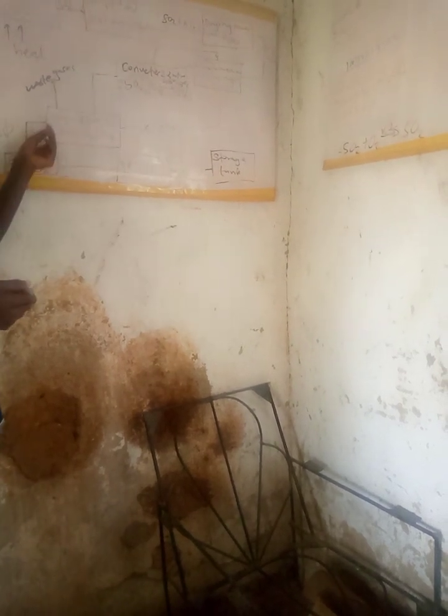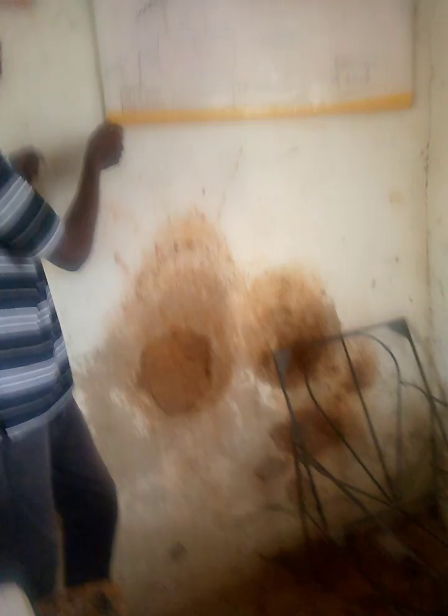Then it is passed through the absorption tower. Now we are here at the absorption tower, not at the heat exchanger. Sorry for that. In the absorption tower, we have the dissolution of sulfur 6 oxide in concentrated sulphuric 6 acid to form oleum.